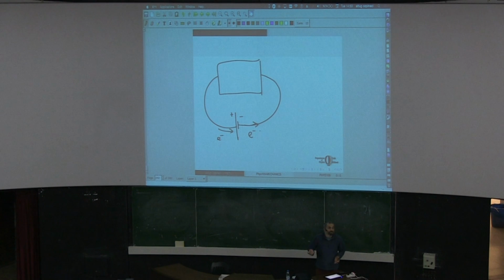That is basically the battery. It maintains a potential difference between the two terminals by taking electrons from the positive terminal and giving away electrons from the negative terminal.